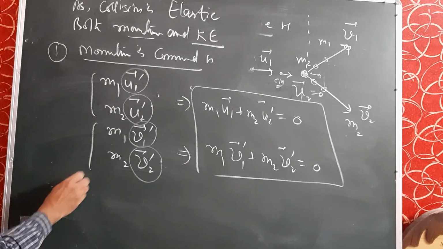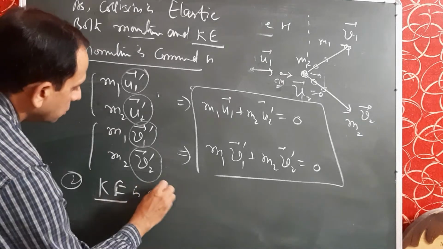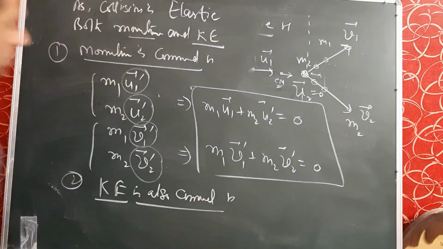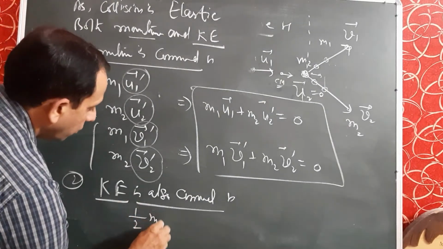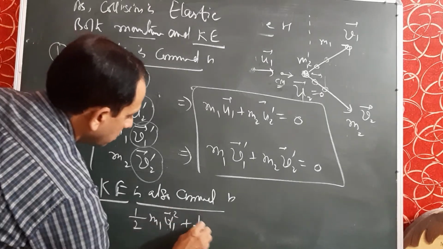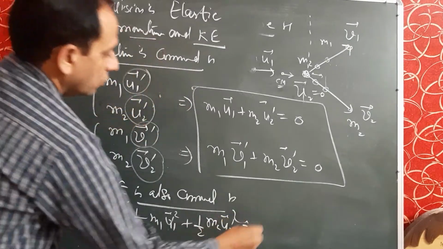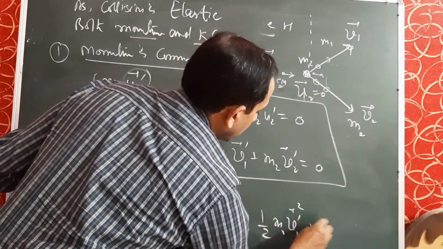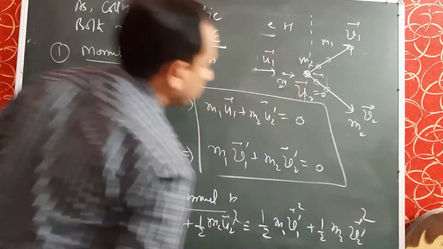And second, we also know that the kinetic energy is also conserved. It means the equation for kinetic energy is half m1 u1 dash square plus half m2 u2 dash square is equal to half m1 v1 dash square plus half m2 v2 dash square.